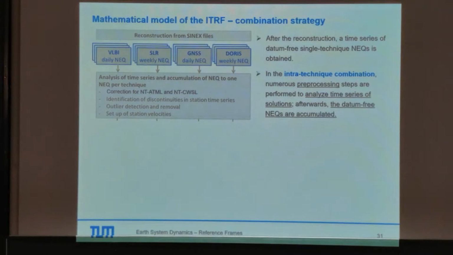And now it's really important, because why do we do this? Why do we identify discontinuities and remove outliers? Because we want to set up station velocities. Because our final product, the DTRF, comprises station coordinates and velocities.